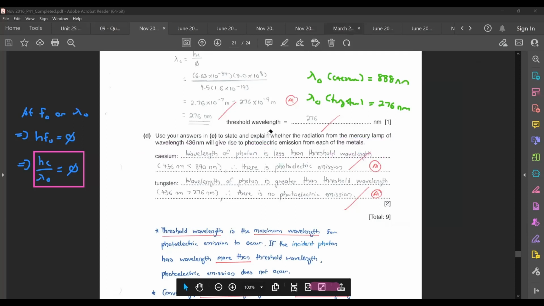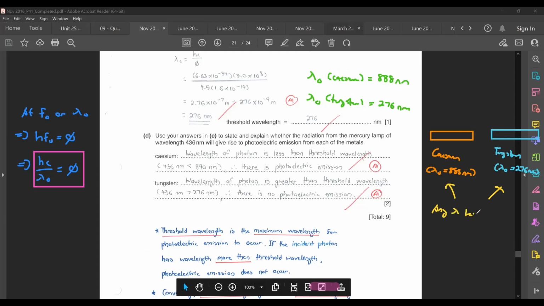Let's represent them as this one and this one. Cesium is this one, and its threshold wavelength is 888 nanometer. Tungsten is this one, and its threshold wavelength is 276 nanometer.